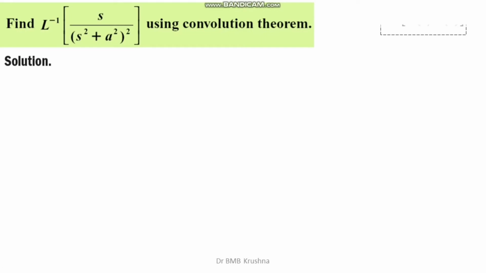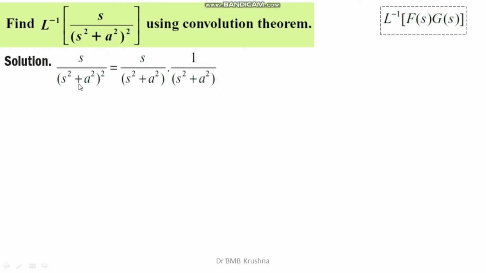Now compare with L inverse of F(s) into G(s). The given function can be expressed as the product of two functions in terms of s. s by (s square plus a square) whole square can be expressed as s by (s square plus a square) times 1 by (s square plus a square), that is F(s) into G(s).